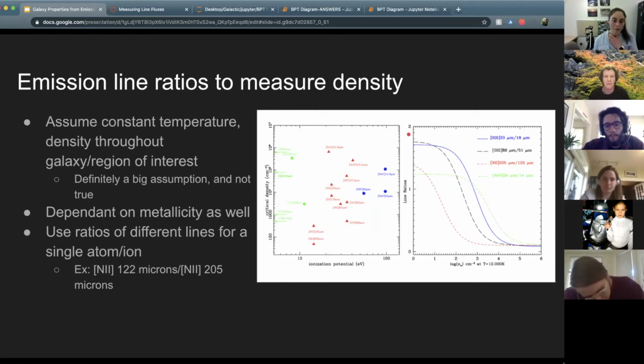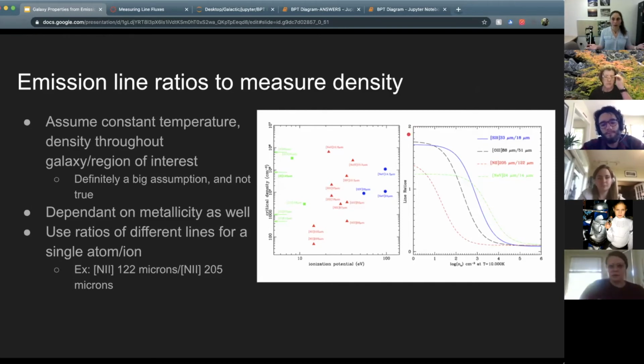And then any of these ratios are also going to be dependent on metallicity. That's because most of our cooling lines, like the C+ and the O1 line that we talked about when we looked at energy balance in the ISM, are going to be those metals. So carbon and oxygen are metals when you're an astronomer.